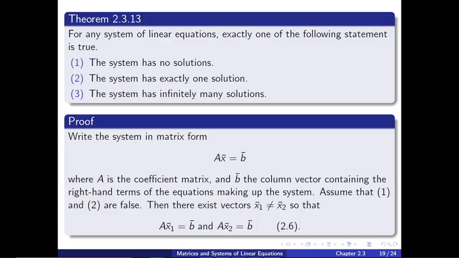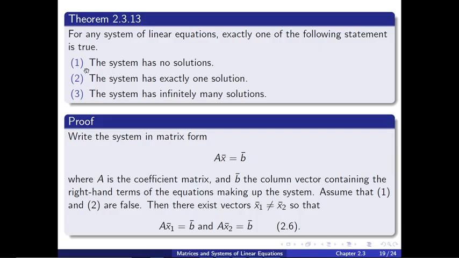Right, so if we write our system in matrix form, we will have AX equals B, where A is the coefficient matrix and B the column vector containing the right-hand terms of the equations making up the system. So assume that 1 and 2 are false. In other words, we are saying it has solutions.